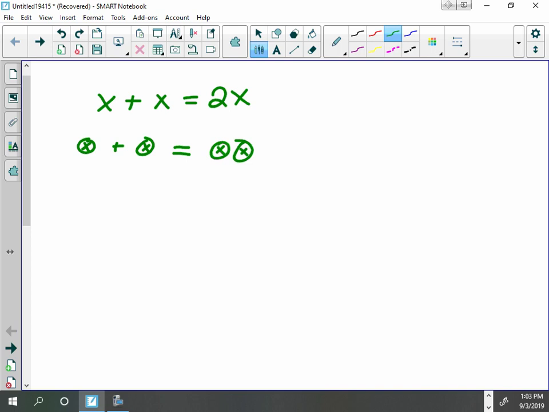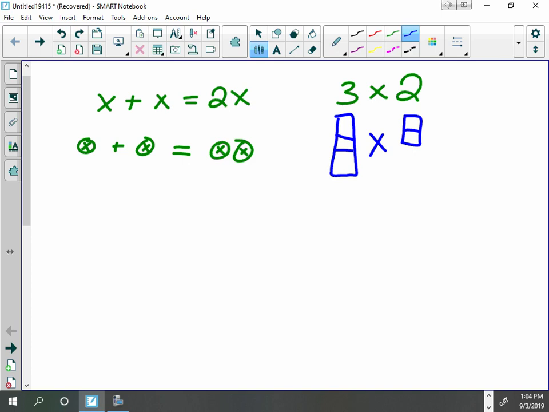Now, what if I did x times x? Let's start with 3 times 2. So that would be a 3 and a 2, but now I'm multiplying them together.